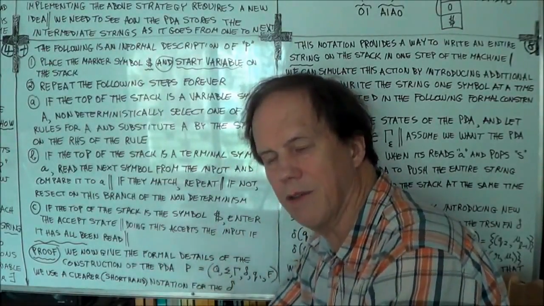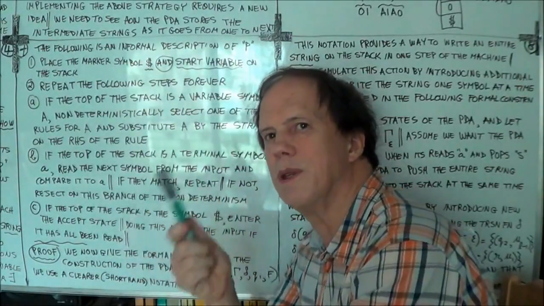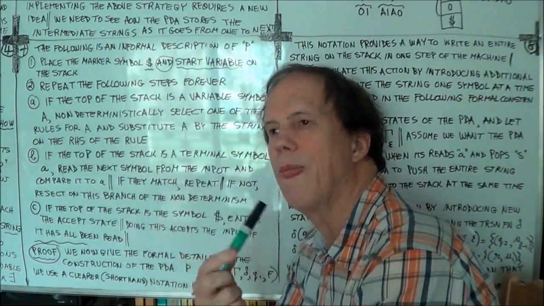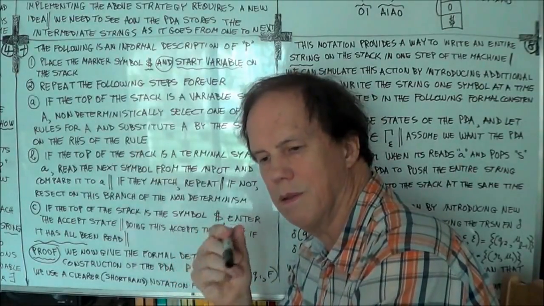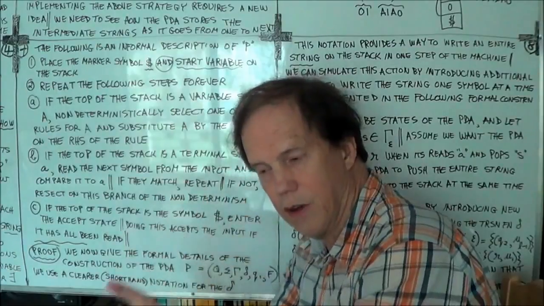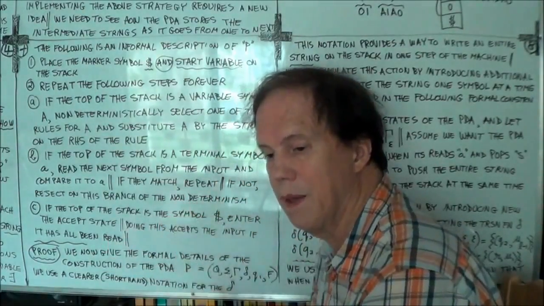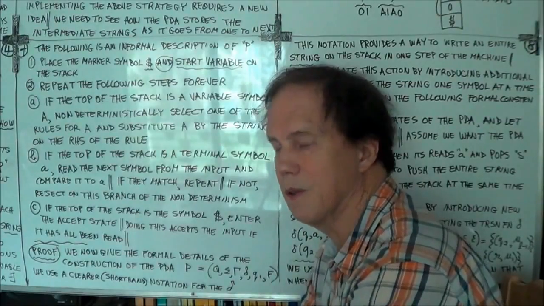Once they've been checked, of course. If they don't check, well, that whole branch dies. But assuming they've checked, then the top of your stack will now have a variable. That's the first variable in the right-hand side of the rule that you're using for the substitution.